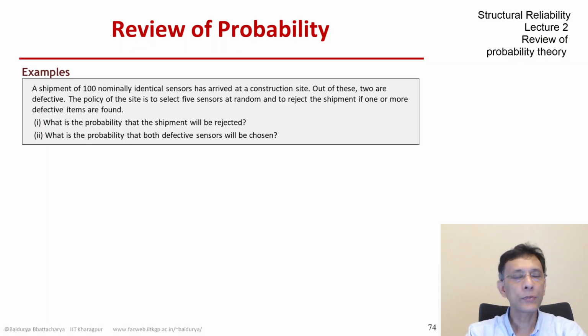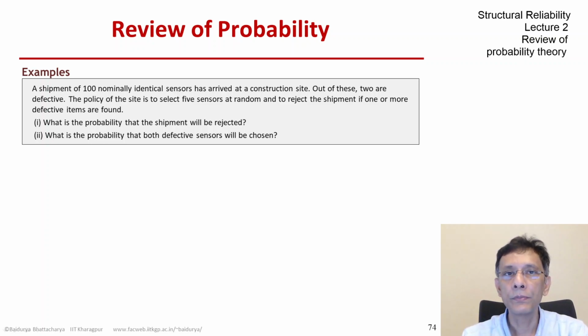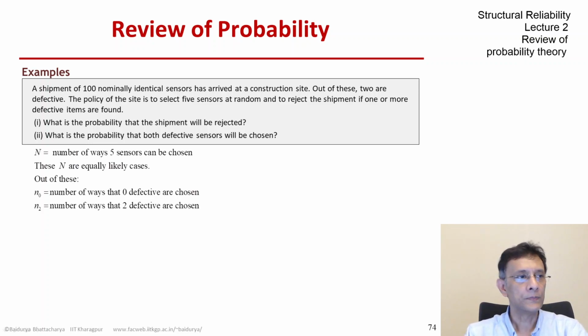So the way this problem is set up, we see that it lends itself to the classical definition of probability. So we would use probability as a ratio of the favorable outcomes to the event A divided by the total number of possible outcomes. These must be equally likely. So we define the variables carefully.